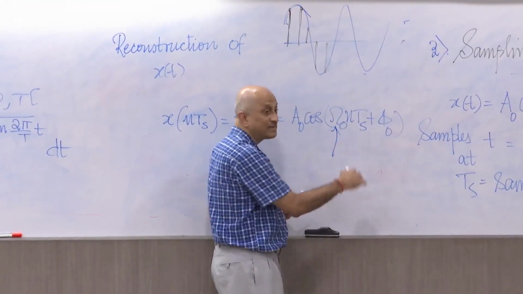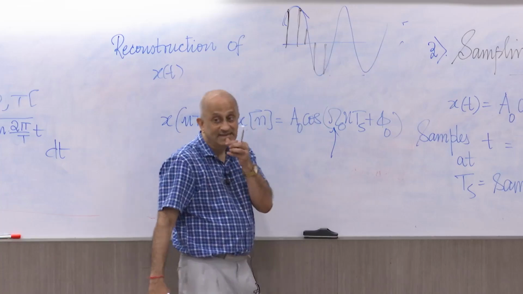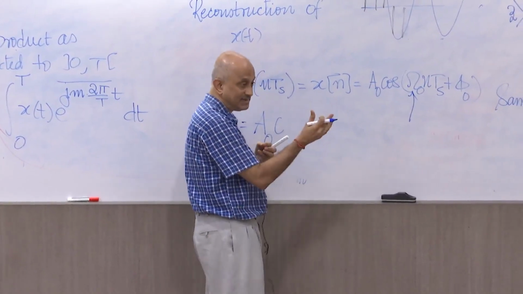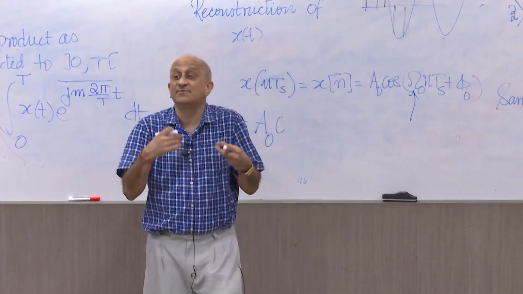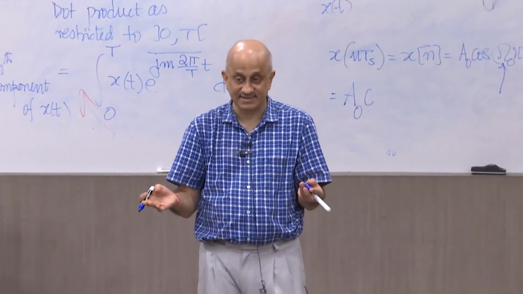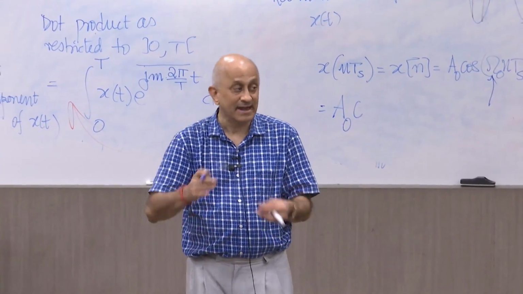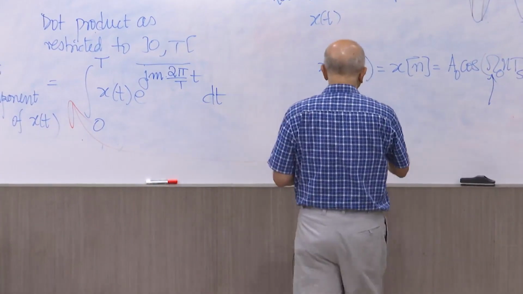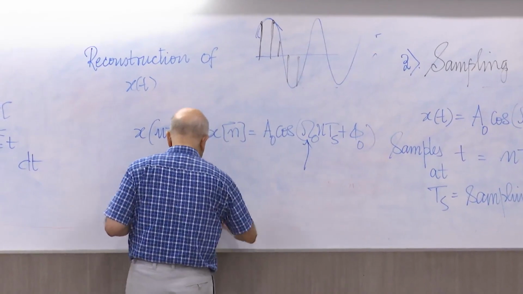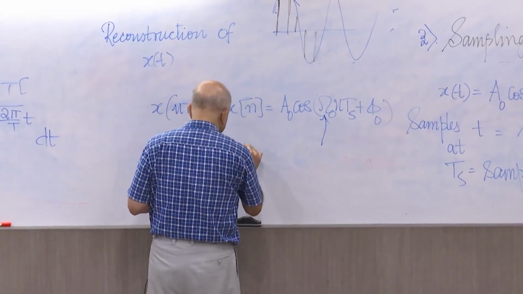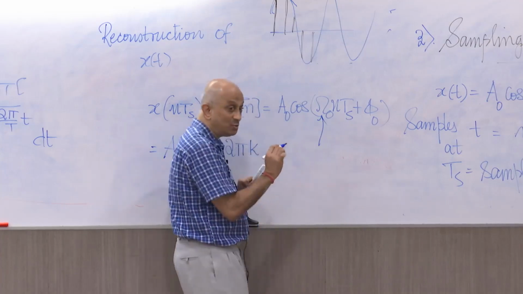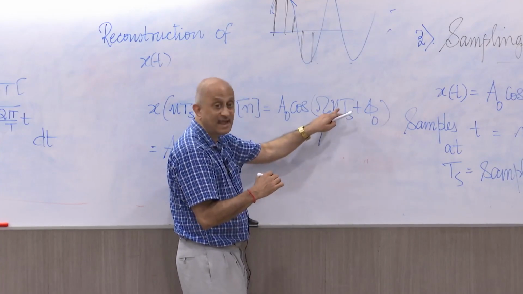The ambiguity in the cosine. What is the ambiguity in the cosine? The ambiguity in the cosine is first a plus minus ambiguity, and the other is adding any multiple of 2 pi. Adding any multiple of 2 pi keeps the cosine as it is. Secondly, adding plus and minus makes the cosine the same. So these are the two ambiguities that you have. So you have 2 pi times k, and you want to bring in sinusoids, so you also want the sampling instant to come in.